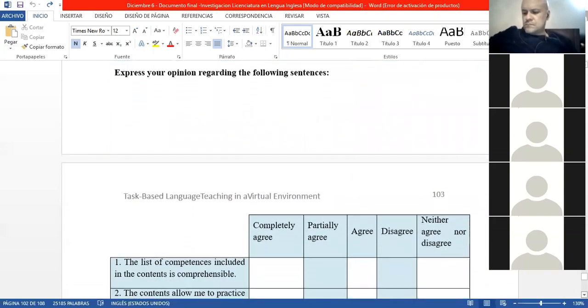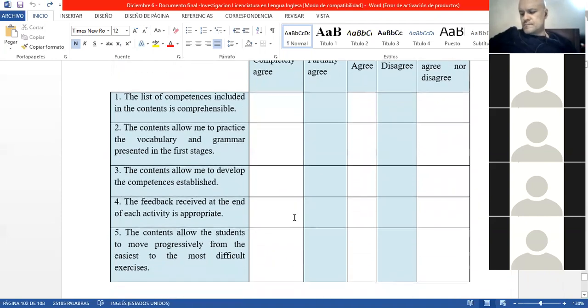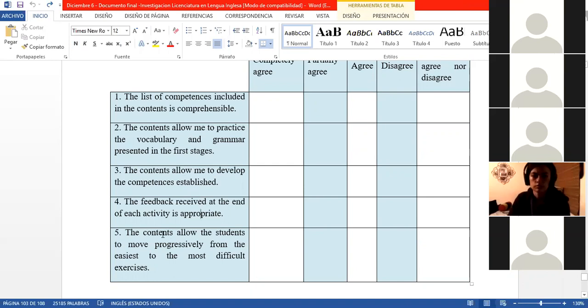Here the 4 is a learning process. So if the information was comprehensible, if they could practice vocabulary grammar, if they developed any competence, if the feedback was appropriate, if they could go from the easiest to the most difficult.